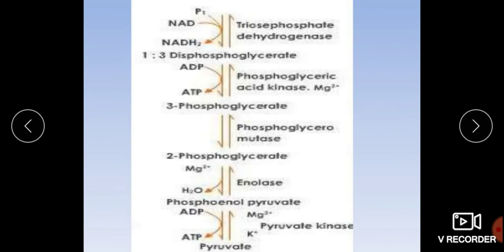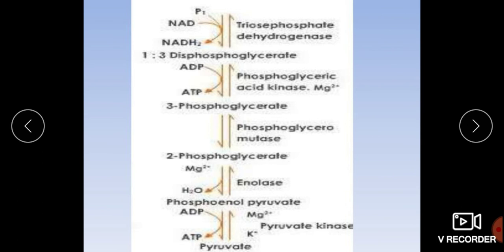These are the reactions in the payoff phase. Once glyceraldehyde 3 phosphate is formed from splitting of fructose 1,6 diphosphate, this glyceraldehyde 3 phosphate gets dehydrogenated and phosphorylated with the help of the enzyme triose phosphate dehydrogenase, and hydrogen gets released from the glyceraldehyde 3 phosphate.